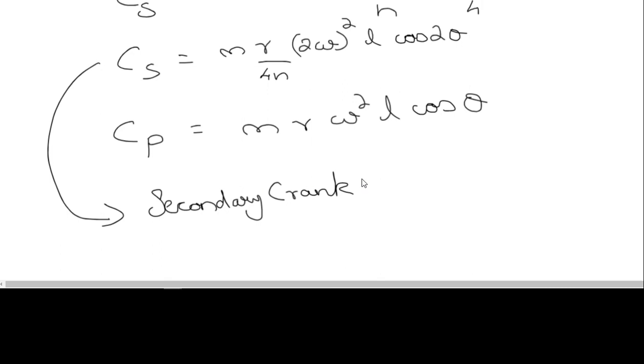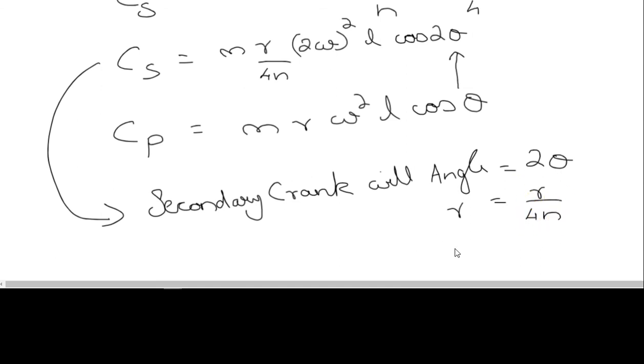When you compare these two equations, you see that theta is doubled, so the secondary crank will have angle equal to 2 theta, r equal to r by 4n, and angular velocity equal to 2 times omega. So the secondary crank will be at an angle 2 theta.